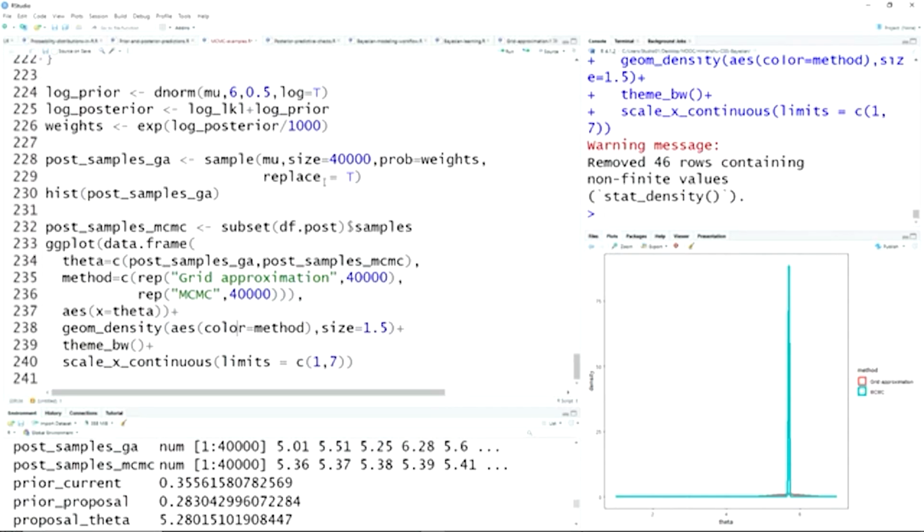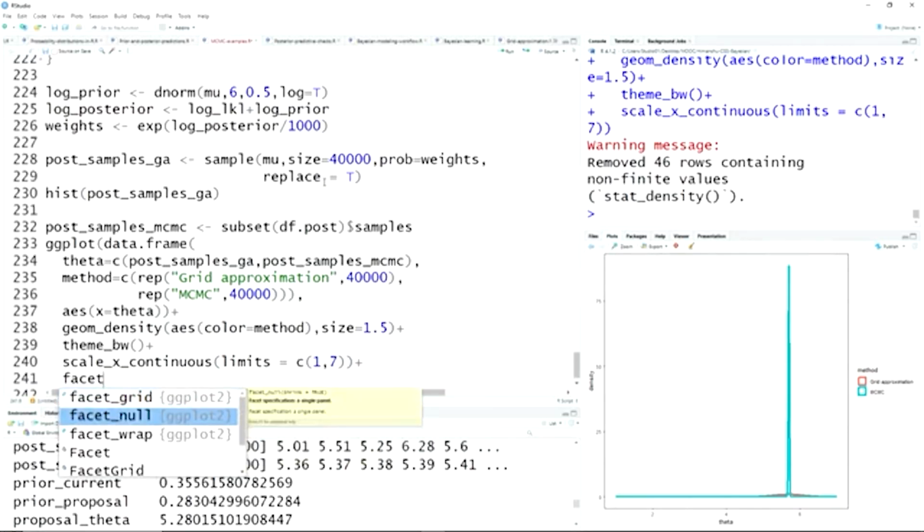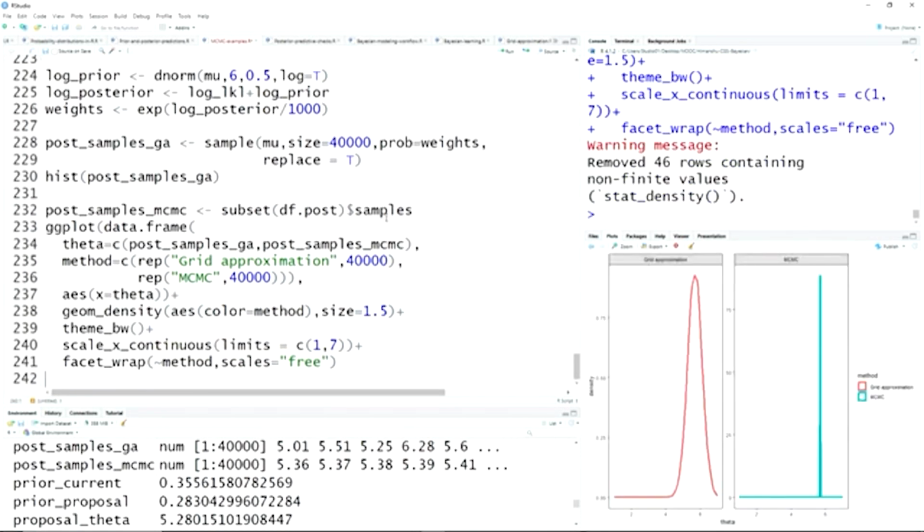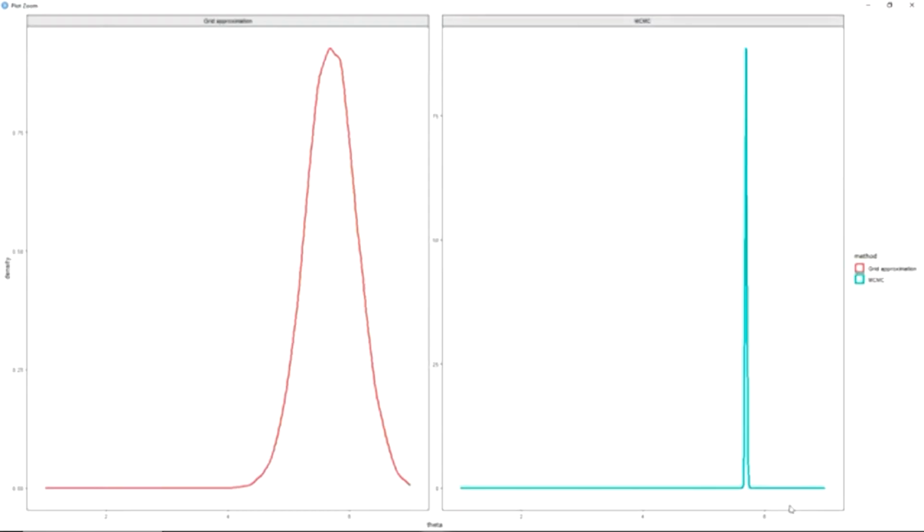What we can do instead, rather than having color by method, is use facet wrap as well. Okay, so this looks quite off in the sense that we are getting a very wide posterior here, but that could be due to the constant that we use to divide the log posterior density, right?